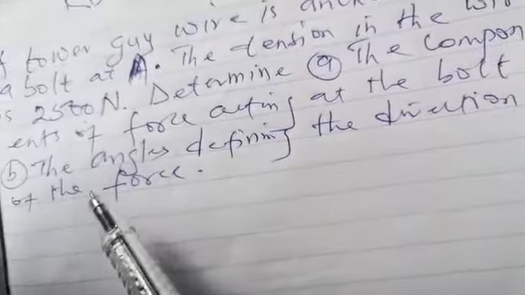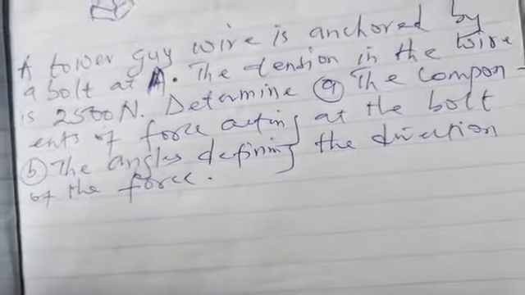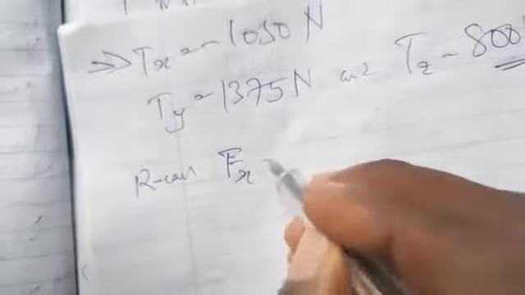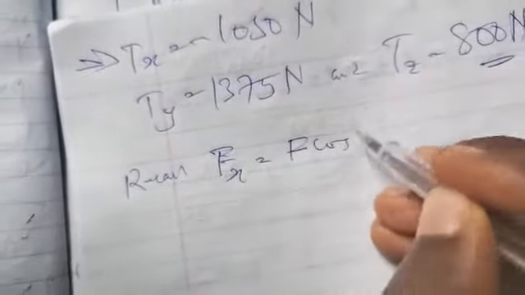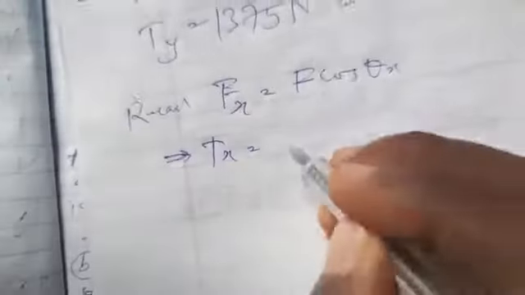Now the second question says the angles define the direction of the forces, so we'll now find the angles. To obtain the angles, recall that Fx is simply F cos theta x. So Tx will also be T cos theta x, and we know what Tx is and what T is.